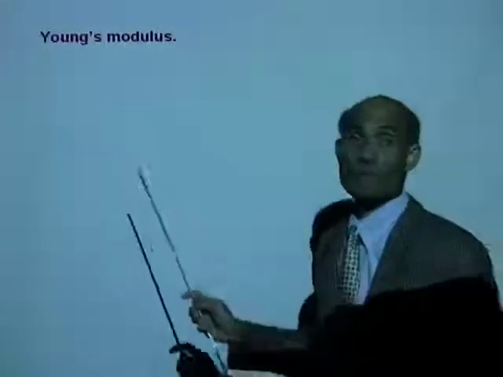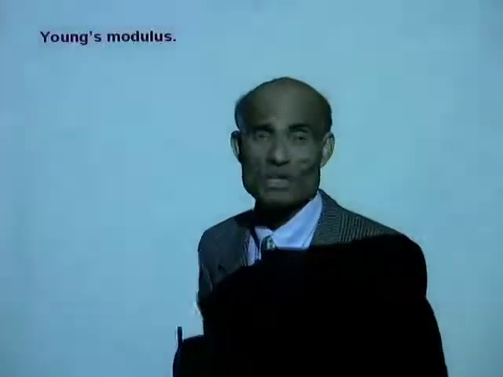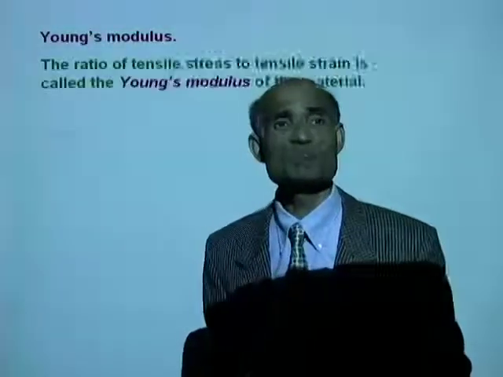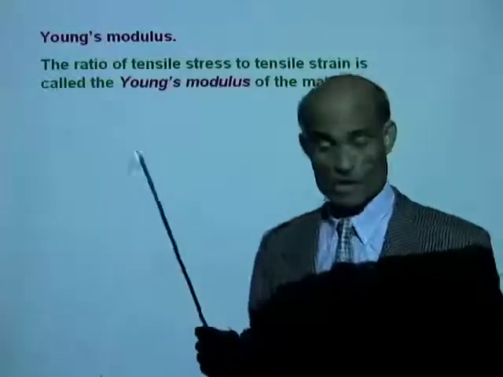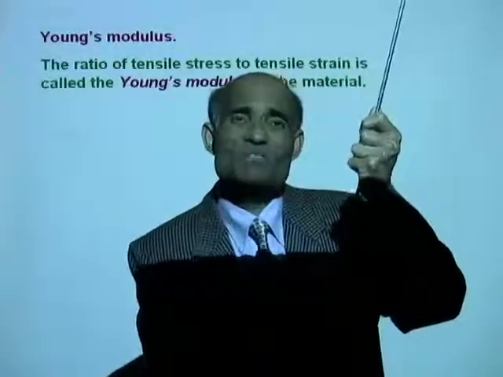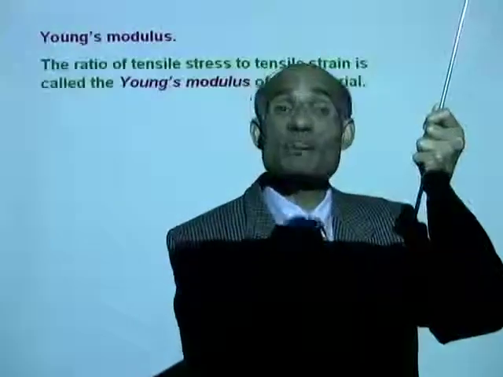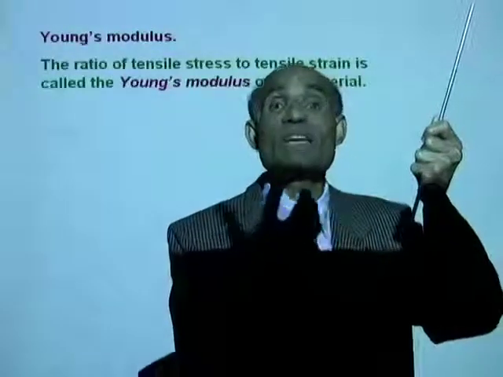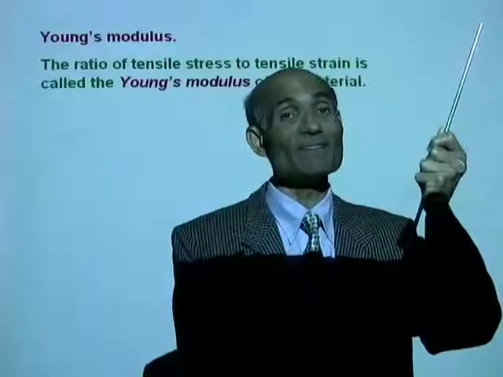All right. Let's now talk about Young's modulus. What is Young's modulus? For an object that is subjected to a tensile stress, there will be a tensile strain. Is that right?